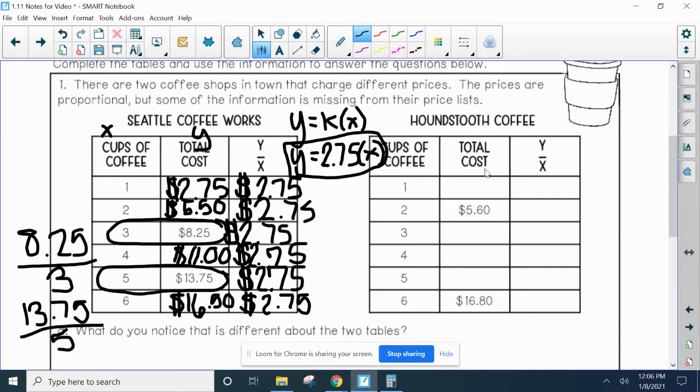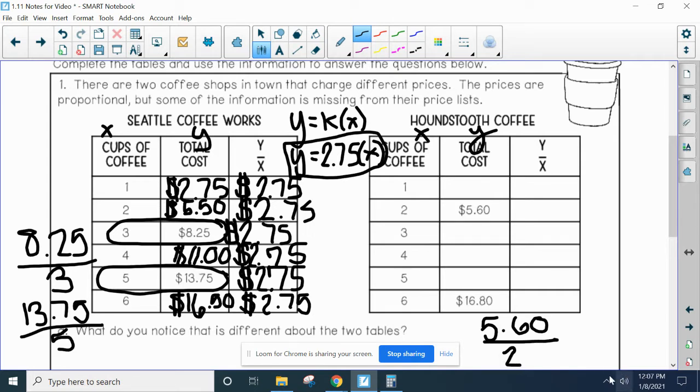All right, now let's fill in our houndstooth coffee. Again, our cost is going to be our y, our number of cups is going to be our x. So we want to know how much 1 cup of coffee is. We're going to say our y, 560 for 2 cups, divided by our x.